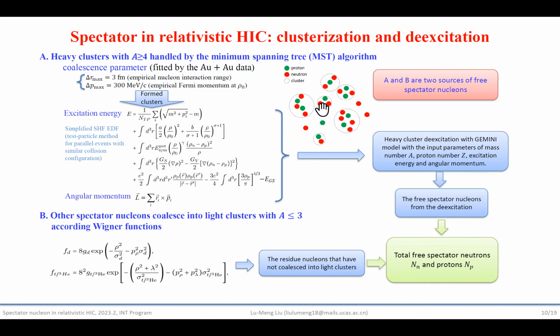And this is a sketch map of this algorithm: nucleons close in the phase space with a distance smaller than 3 fermi and relative momentum smaller than 300 MeV/c belong to the same clusters. These correlation parameters are fitted by the gold data.